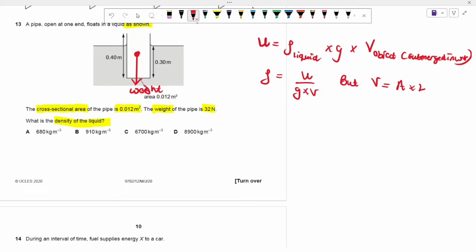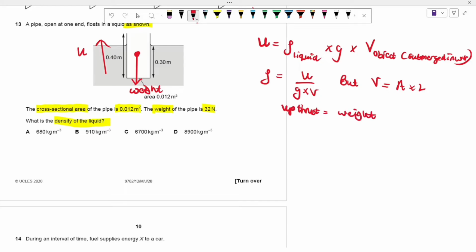Like I've said, upthrust is an upward force, so it opposes this weight. Since it's floating, not going down or flying up, the upthrust is just enough to be equal to the weight. So in this calculation, my upthrust is equal to my weight.